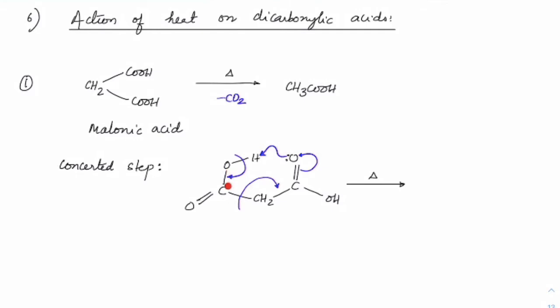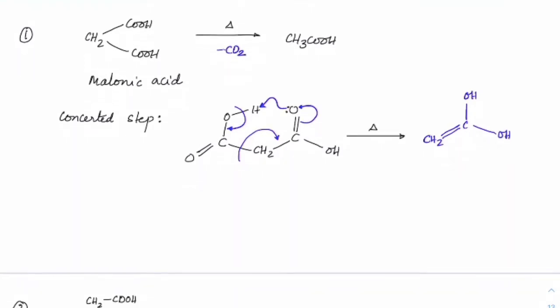Here it will become a double bond O, and this bond will break to make a double bond here. Therefore, we will have CH2 double bond C, OH and OH. So an enol form is observed, and this enol form will tautomerize to give CH3 C double bond O, OH, and the other product which has come is carbon dioxide, CO2.